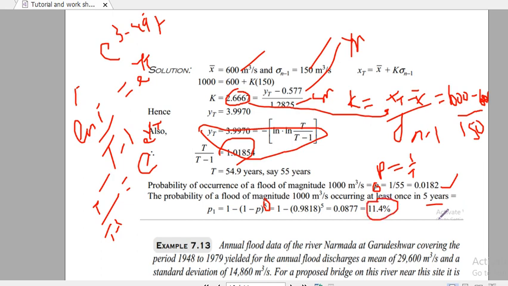We can estimate at least once, 2 times, 3 times, 4 times, 5 times. For example, for 3 times, use the permutation equation in order to determine the probability.